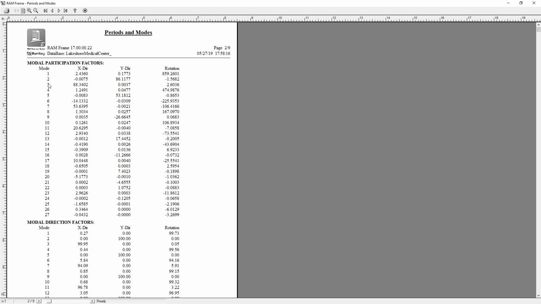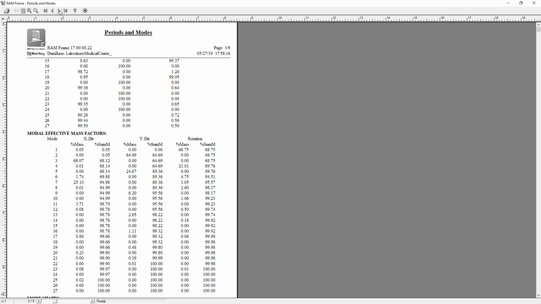And the modal direction factors are even more helpful for that. We can see what proportion of a direction a given mode moves in. And then we can look at the modal effective mass factors and identify what percent of the mass has been included in a given direction to verify that the appropriate percent of mass has been used in the analysis.